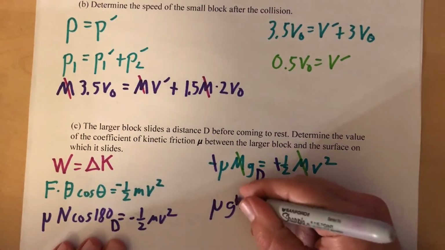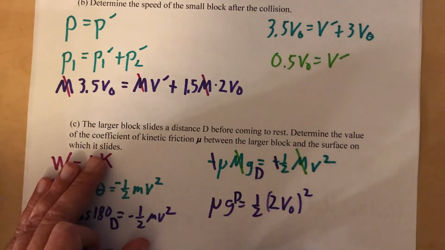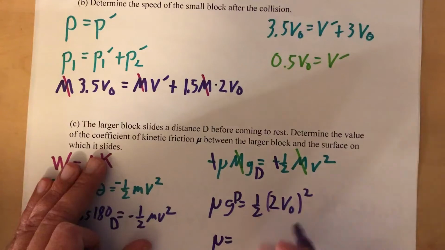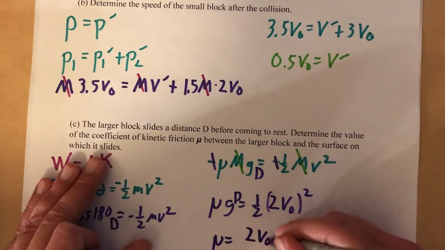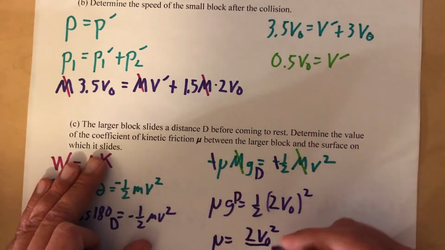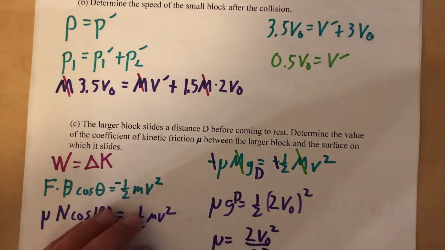So the distance is there, the distance is there, and the distance is there. So when we solve for mu, we get 2 squared is 4 times 1/2 is 2. So we get 2v0 squared, and then we divide by g and d. So that is our coefficient of friction.